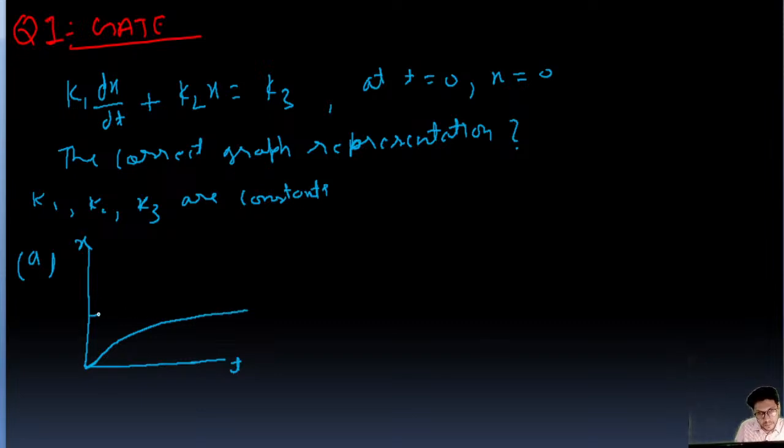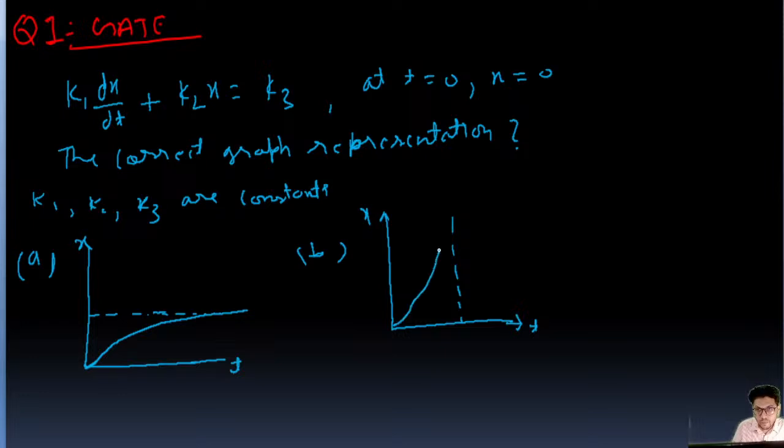Option B is this graph, x, and this is t, and this graph is like this.